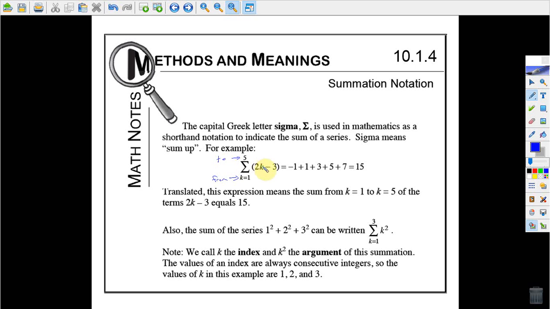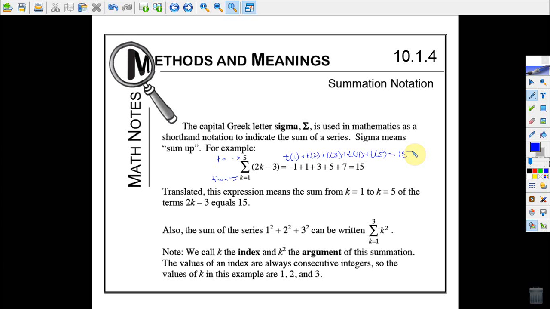So we're just going to plug in t of 1 plus t of 2 plus t of 3 plus t of 4 plus t of 5, and that should equal 15 in this case. So we're summing from k equals 1 to k equals 5 for the terms 2k minus 3, and it equals 15.